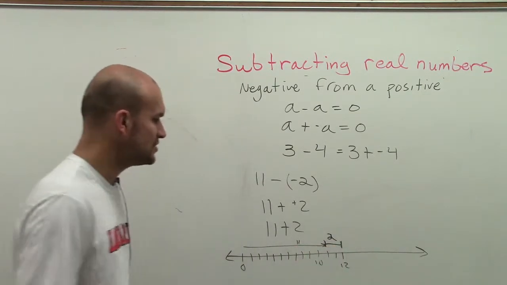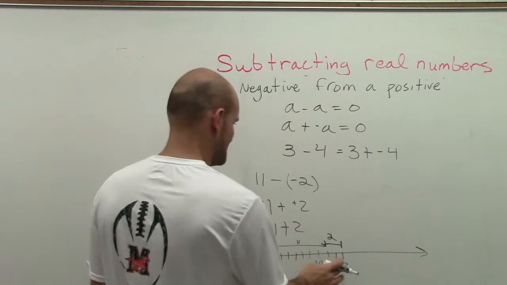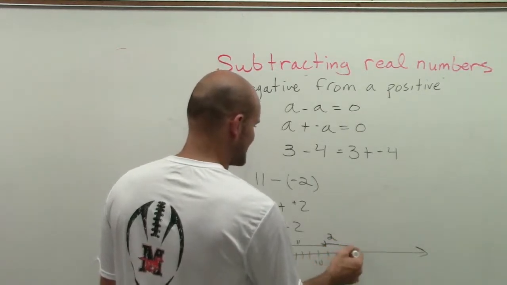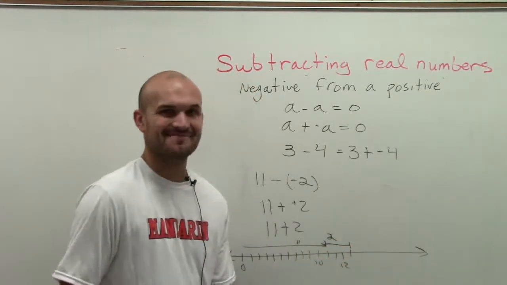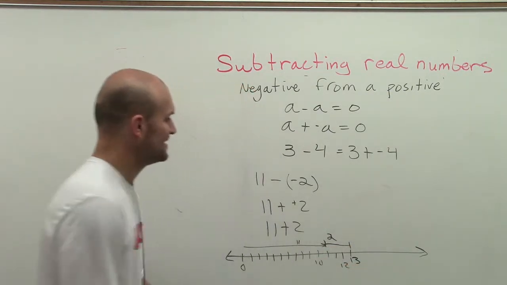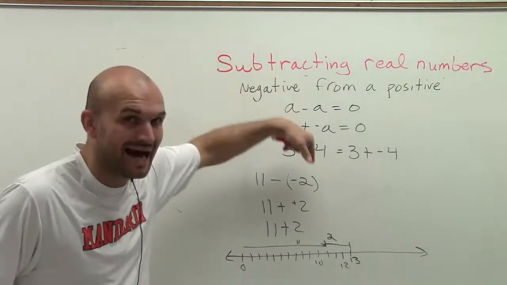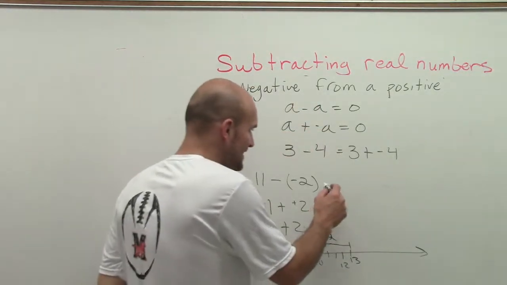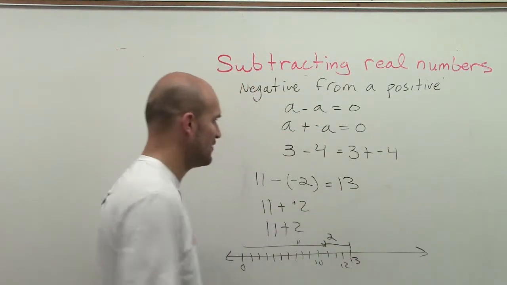There's the distance of 2, which is going to take us one more. I can't even add my numbers. One more to give us 13. So 11 minus a negative 2 equals a positive 13.